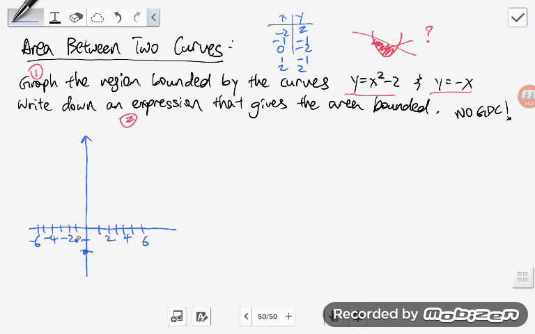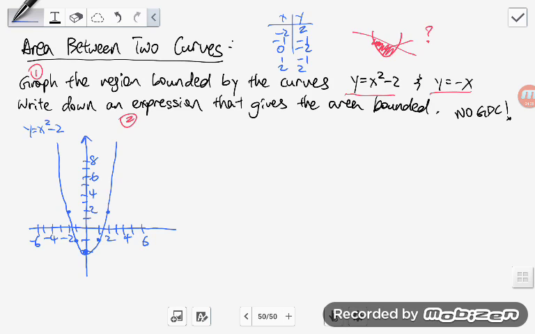And 2, 2. So 2 gives 2, and -2 also gives 2. So I have this parabola. The blue line here is my y is equal to x squared minus 2.